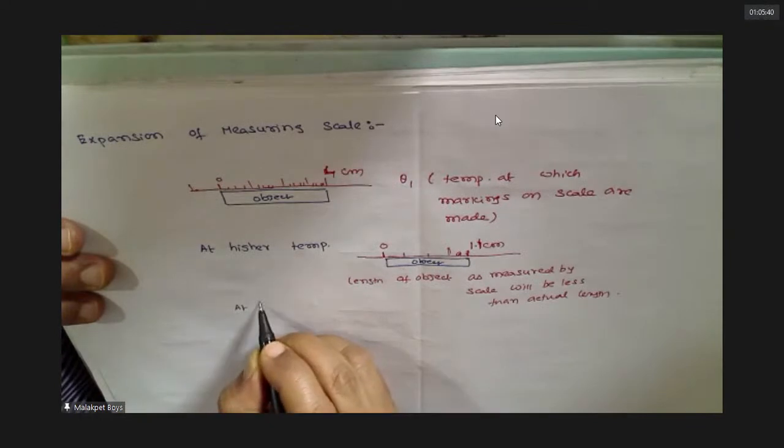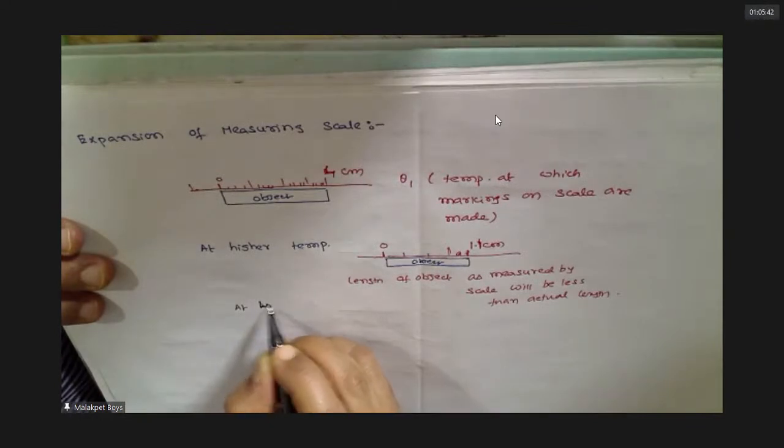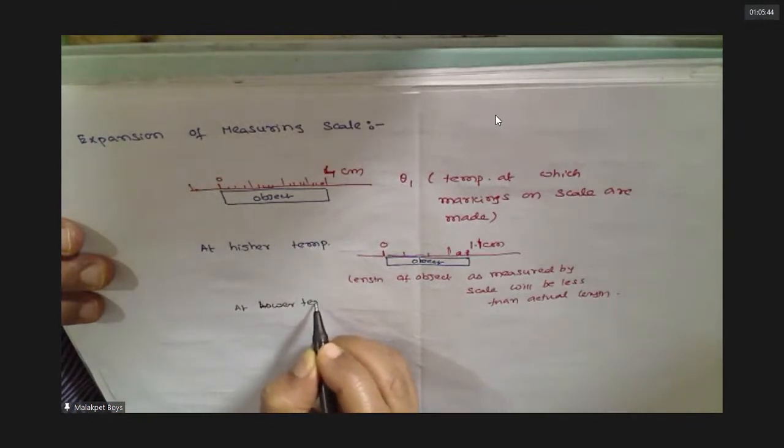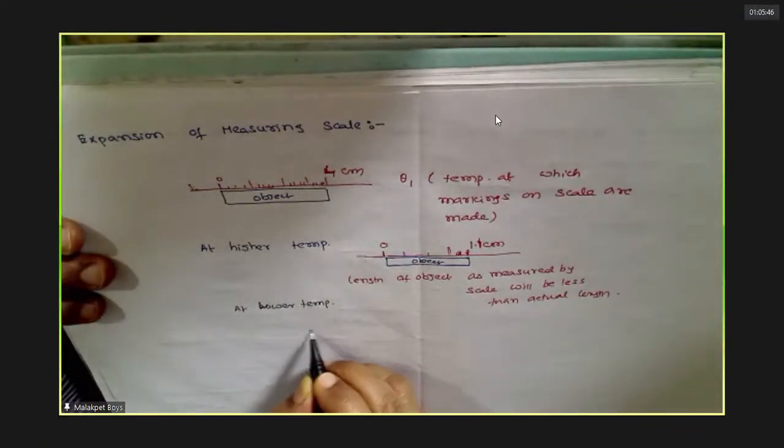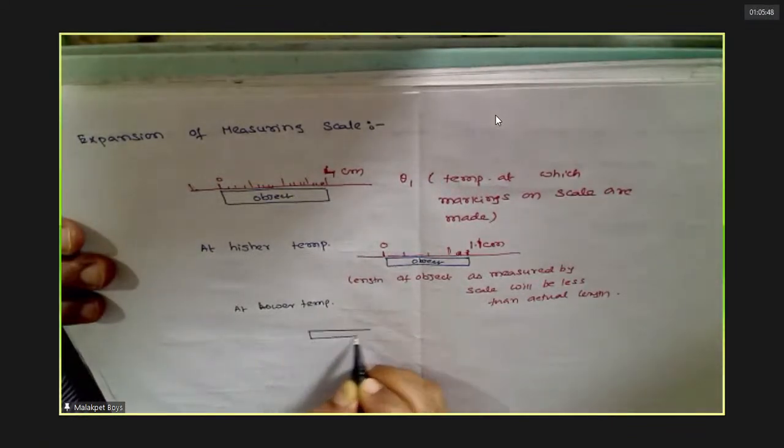Similarly, when the temperature changes this will also occur. That means if the temperature decreases, what will happen? The scale decreases. It will show more length. This much common sense is enough for NEET, man. Nothing else.